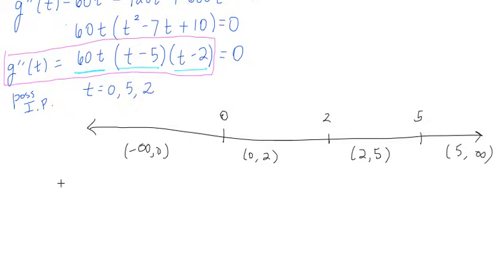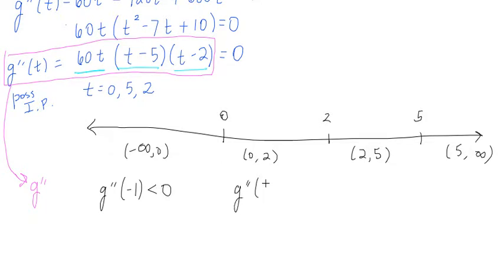So we need to plug into the second derivative. I'm going to use the factored version. Let's do g double prime of a test value in each interval. I'll go with -1. That would give me a negative factor, a negative factor, and a negative factor. So negative times negative times negative is negative.